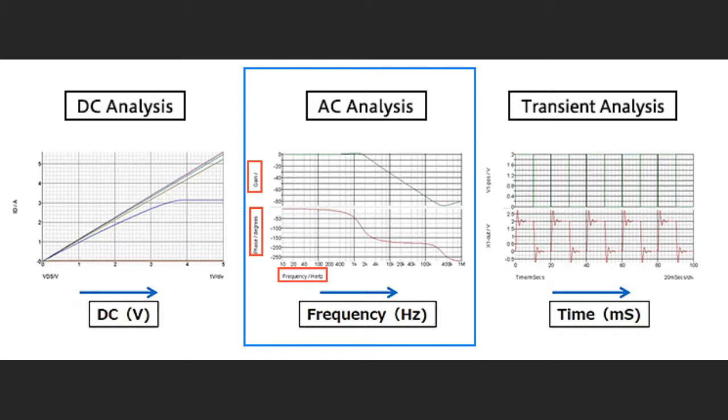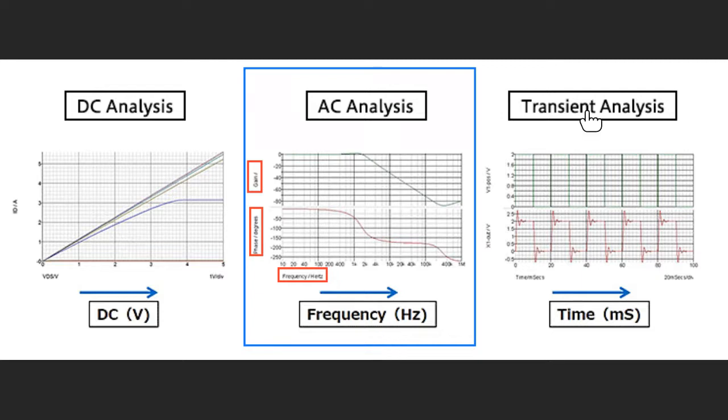I repeat again, there are three types of analysis. The first one is the DC analysis, which you studied in experiment number 3. In this you measure the voltage with respect to time. The second type is AC analysis. In this we are going to measure the magnitude and the phase with respect to frequency.